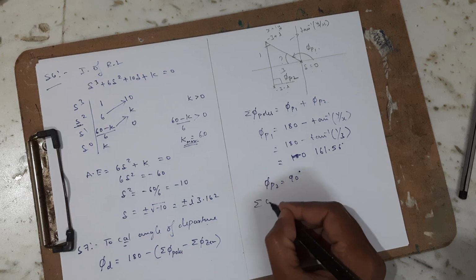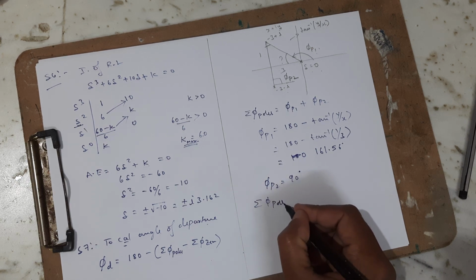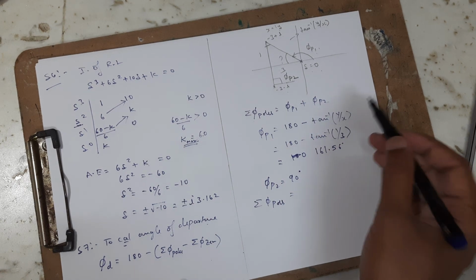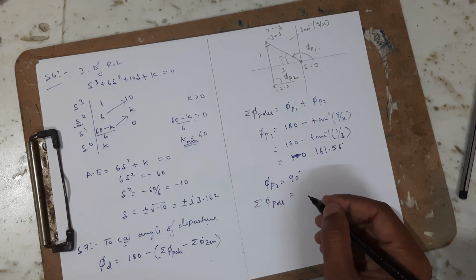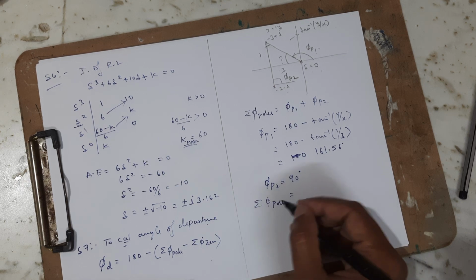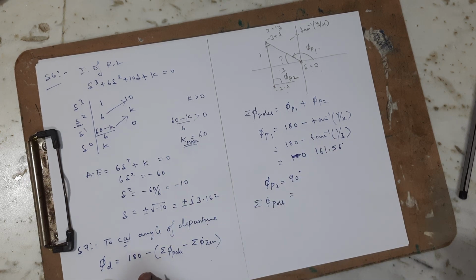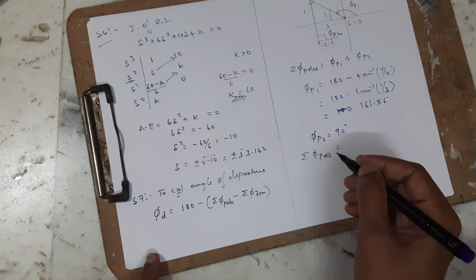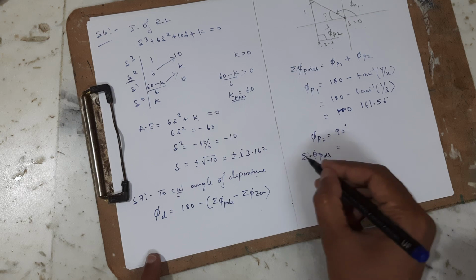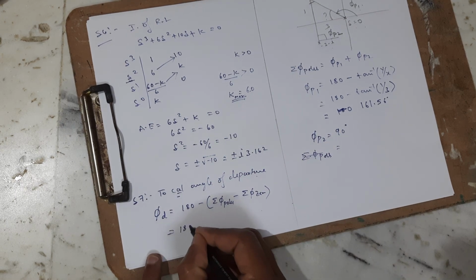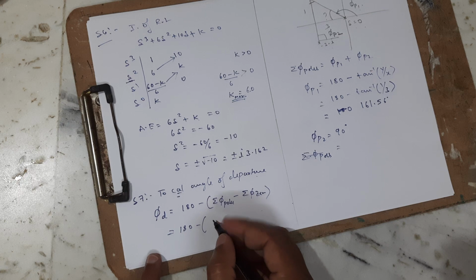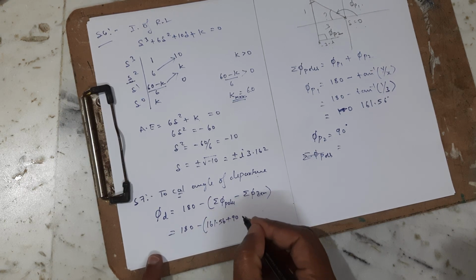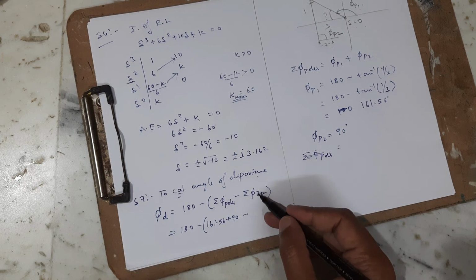Therefore the summation of poles is phi p1 plus phi p2. I substitute these values in the formula. The angle of departure is equal to 180 minus, 161.56 plus 90, minus the summation of zeros.